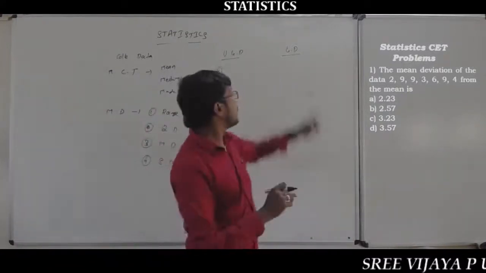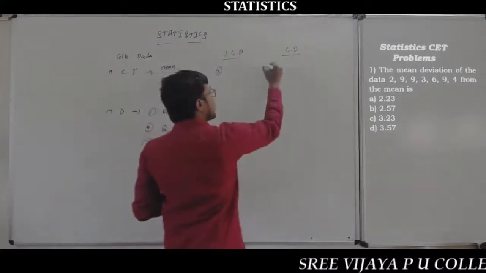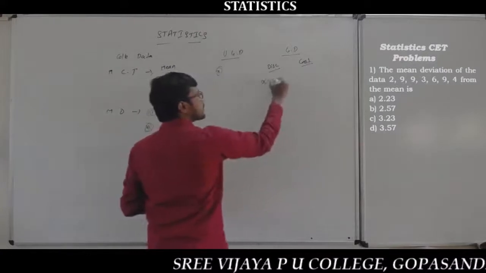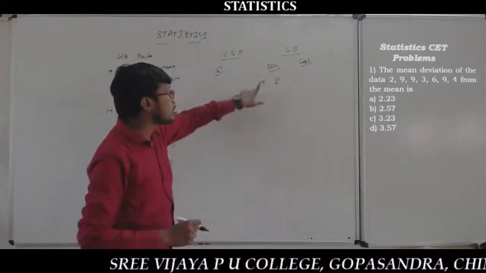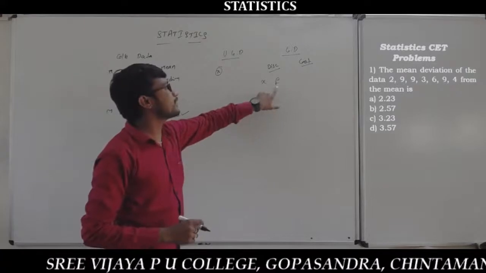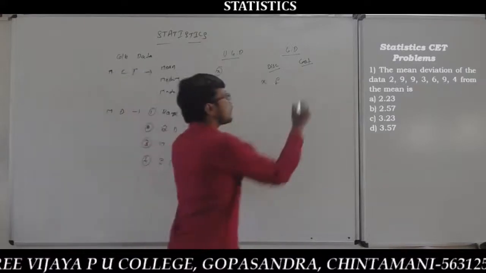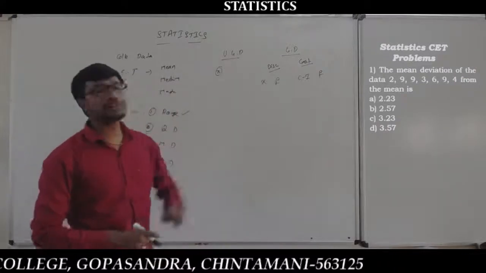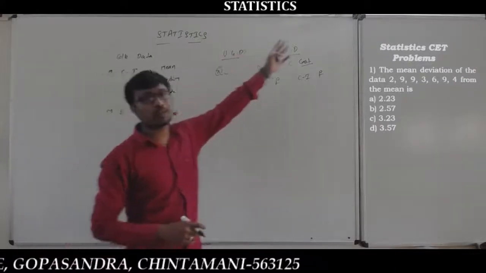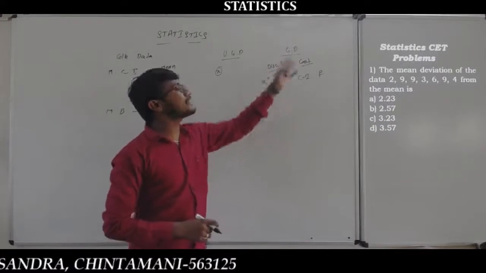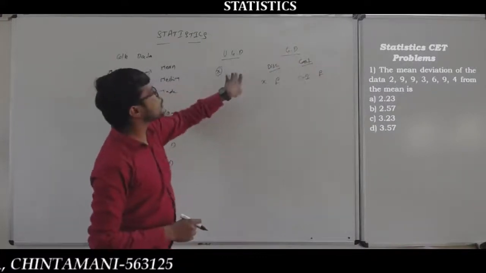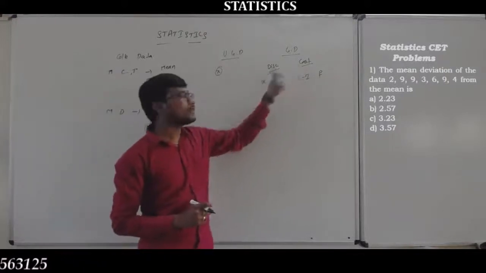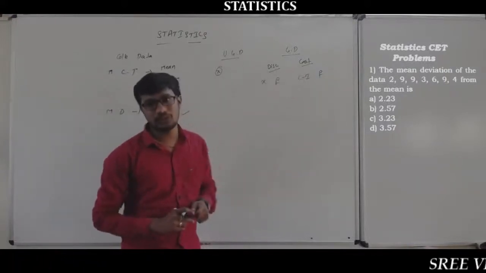For grouped data, whether it is discrete or continuous, for the discrete we take two things: the scores and frequencies, or values and frequencies. For the continuous, class intervals and frequencies. In the grouped, there is discrete as well as continuous. In the ungrouped, we get only scores or values, but in the grouped data, we get the scores with corresponding frequency.